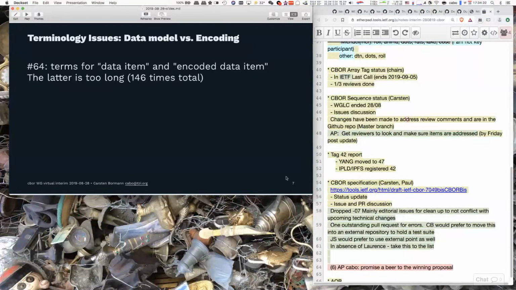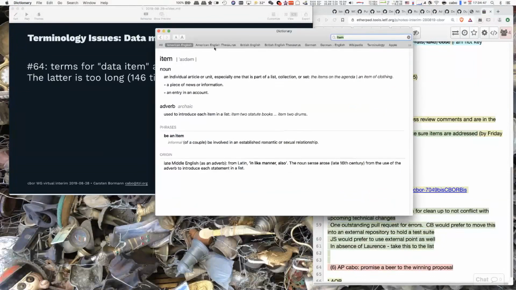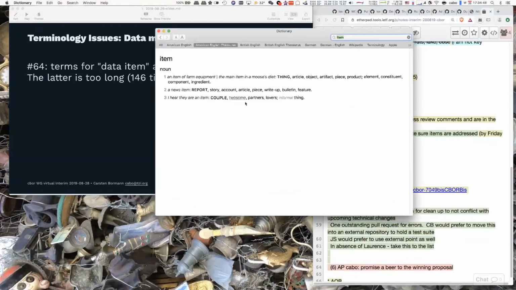I'm checking synonyms, but there's unit, but that's not really... component, element. I think item is one of the few short terms here. Thing might be good, but that means something different.